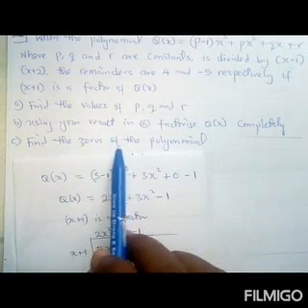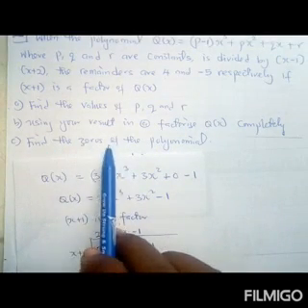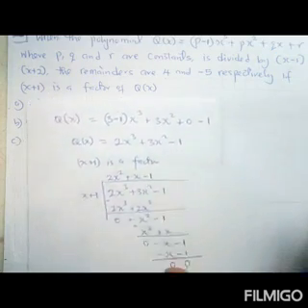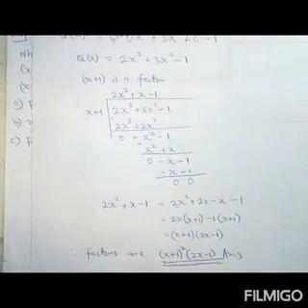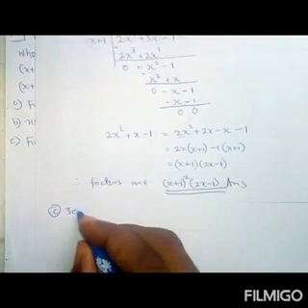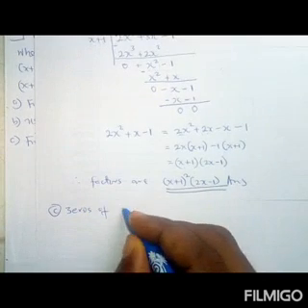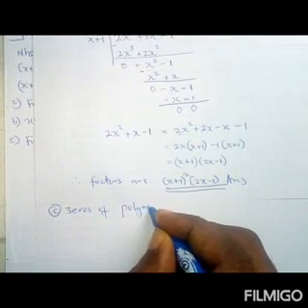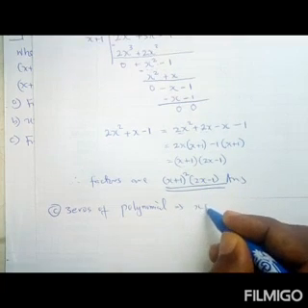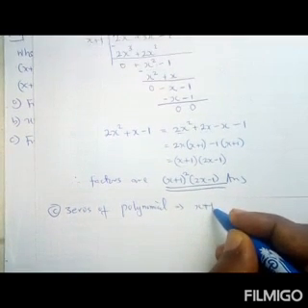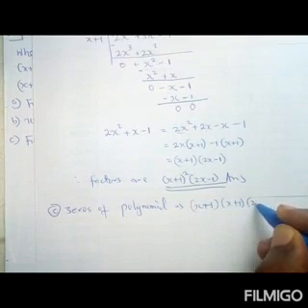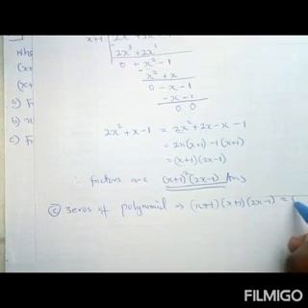Now find the zeros of polynomial. Simply means equate the factors to 0 and get your answer. So the last question, C, zeros of polynomial implies x plus 1, x plus 1 and 2x minus 1 is equal to 0.